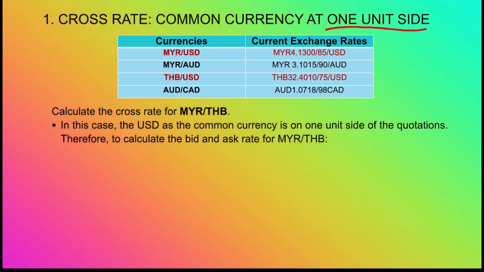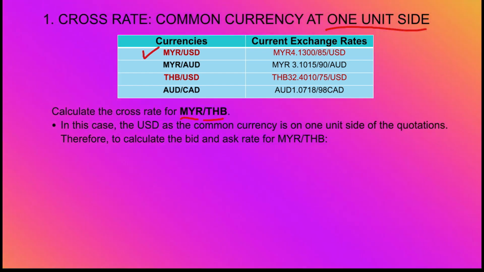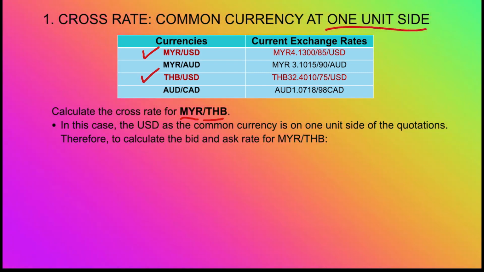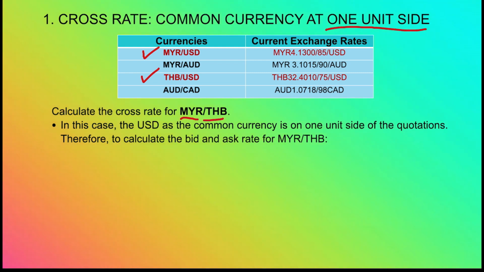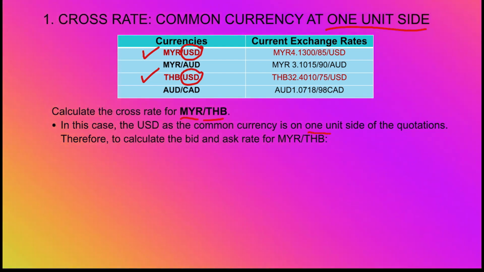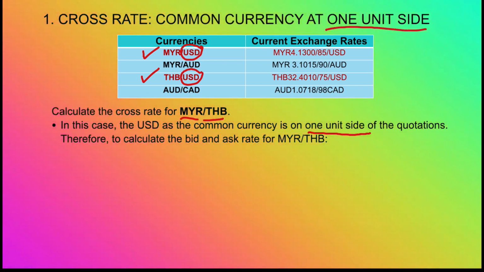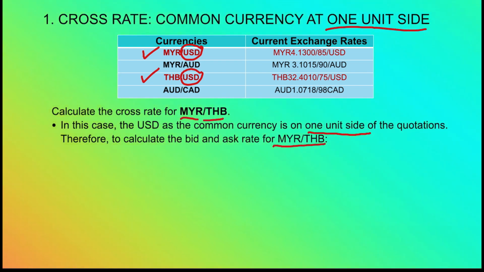For example, we need to calculate the cross rate for Malaysia Ringgit and Thai Baht. From the example, we have Malaysia Ringgit per US dollar and Thai Baht per US dollar. So here, the common currency is one side unit. In this case, the US dollar as the common currency is on one side units of the quotation. Therefore, to calculate the bid and ask rate for Malaysia Ringgit and Thai Baht is as follows.